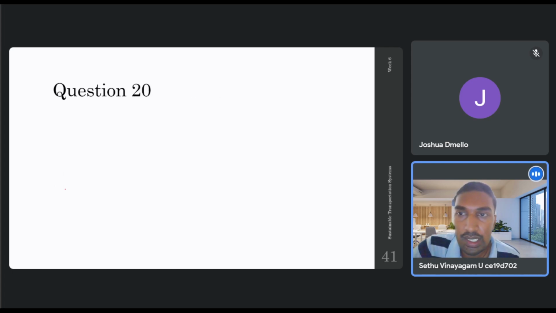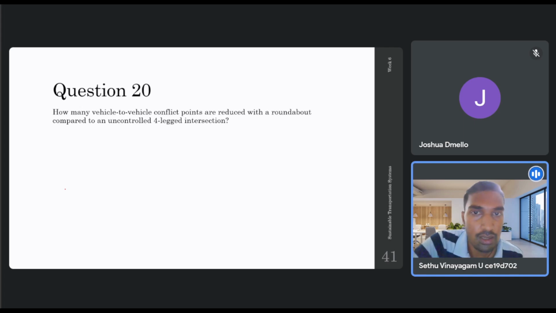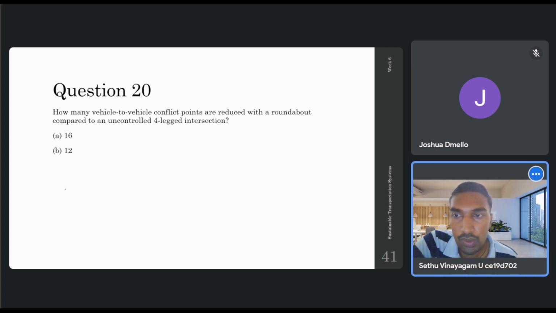So question number 20 is: how many vehicle to vehicle conflict points are reduced with a roundabout compared to an uncontrolled four-legged intersection? The options are 16, 12, 24, and 32.